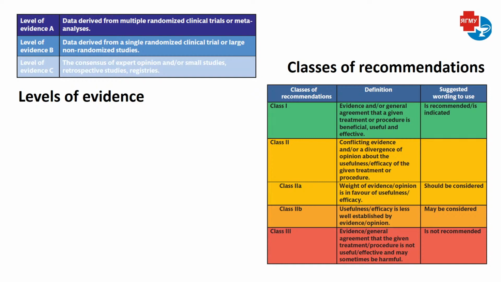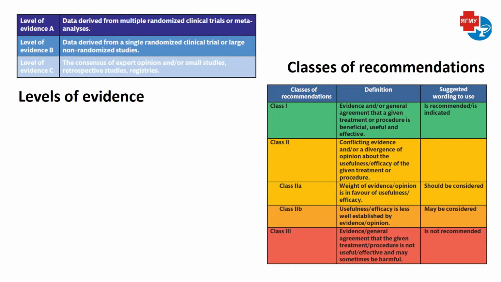And the third one is level C, the consensus of expert opinion and or small studies, retrospective studies and registries. And classes of recommendations, there are three classes. Class 1, evidence and or general agreement that a given treatment or procedure is beneficial, useful, and effective. It is recommended and is indicated.